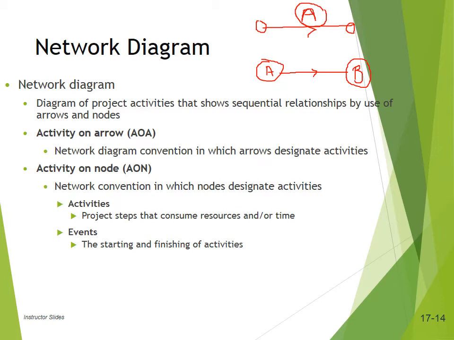Don't get confused with this circle around A. So this A is actually on that arrow, but in the next diagram here, these activities are on the nodes and they're linked with arrows. Again, these are two different conventions. You can choose any of them. They will produce the same result.